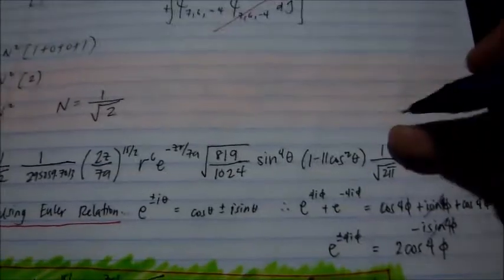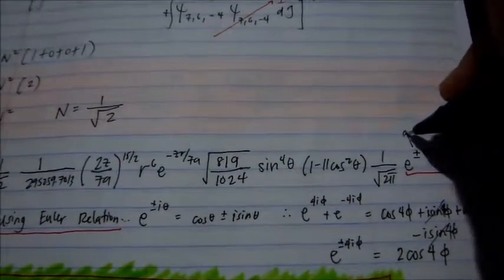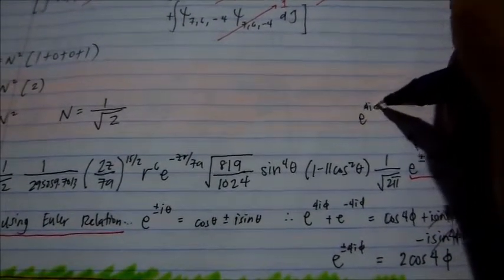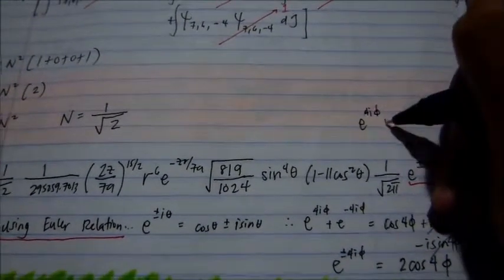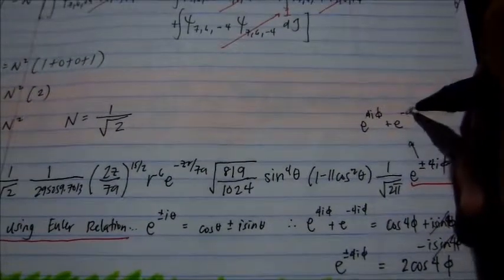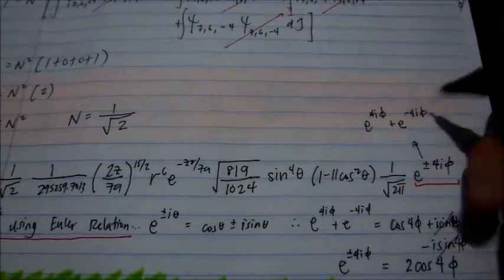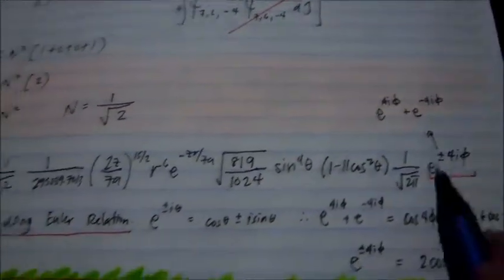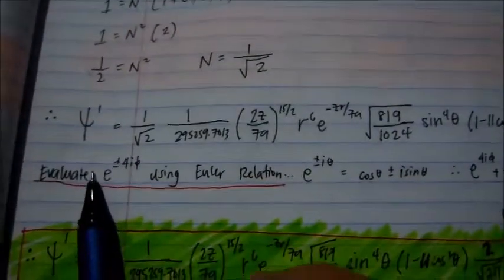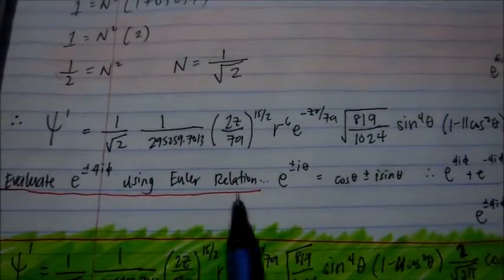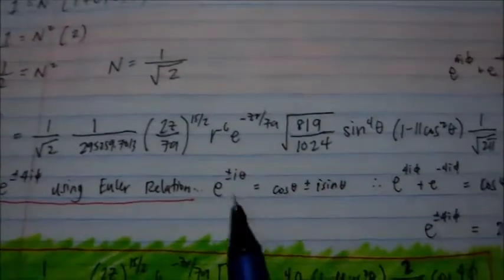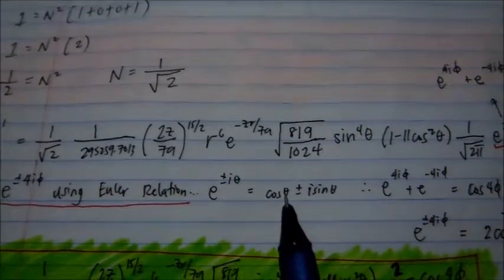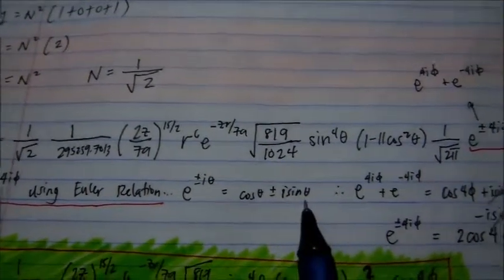This means that e^(4i phi) plus e^(-4i phi). So we must eliminate the i's there. To eliminate those, we will be using the Euler relation. The Euler relation states that e^(±i theta) is equal to cosine theta ± i sine theta.